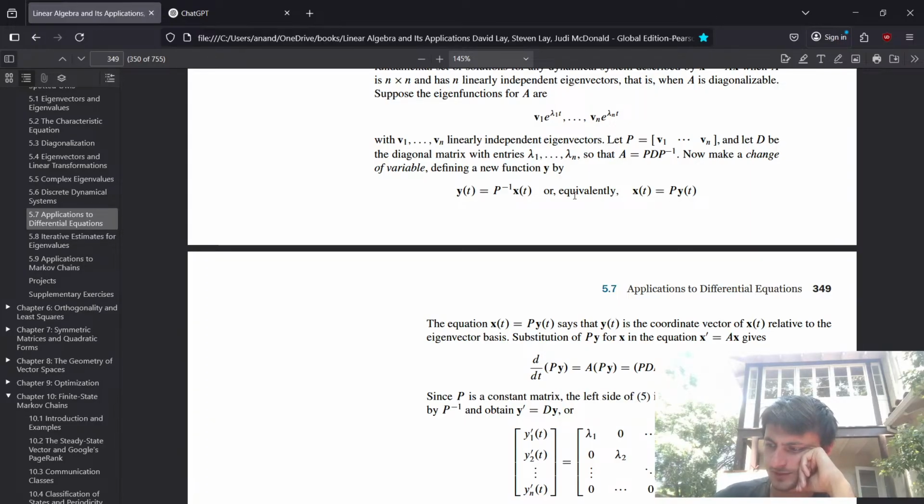If we substitute this into x prime equal to Ax, we get d/dt of Py is equal to A times P times y.